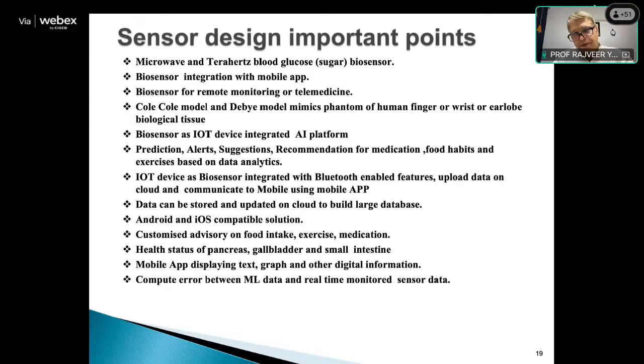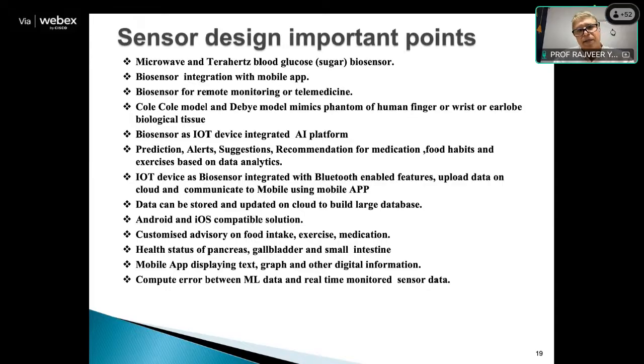We have developed a phantom, and from the phantom we have extracted the different values based on both models. And today I can conclude that we developed the biological tissue with the DB model as well as the Cole model, but the accurate model was found to be Cole as compared to the DB model.